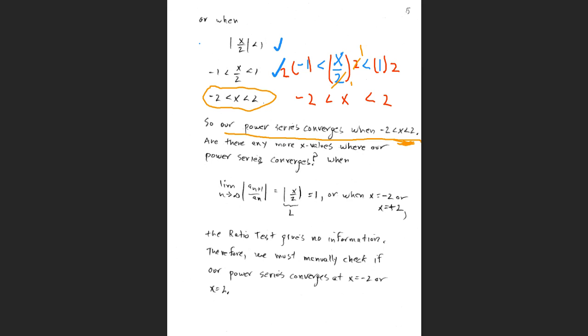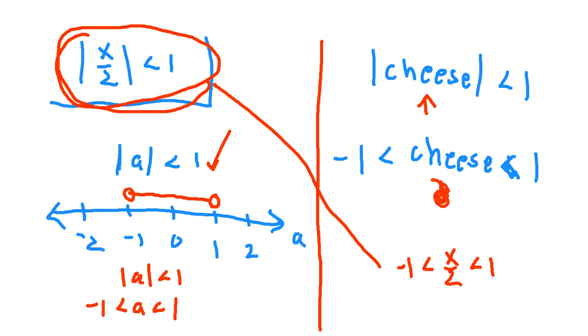So for example, I'll come back to this, don't worry, but I want to go to the whiteboard real quick to show you something. Here's our power series. It's an alternating power series, right?